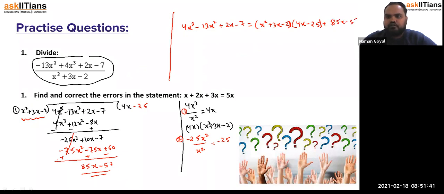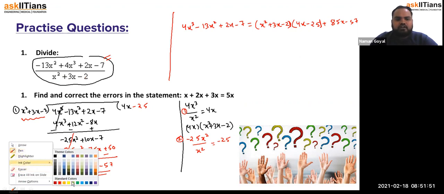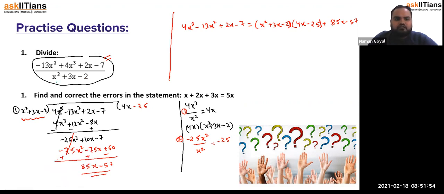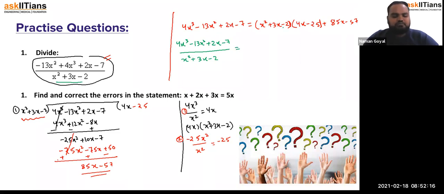Now what I do, I want this quantity, right? So I just divide the whole quantity, LHS as well as RHS, by this denominator. So it will give 4x cube minus 13x square plus 2x minus 7 divided by x square plus 3x minus 2. Similarly, in RHS part also, we have to divide.